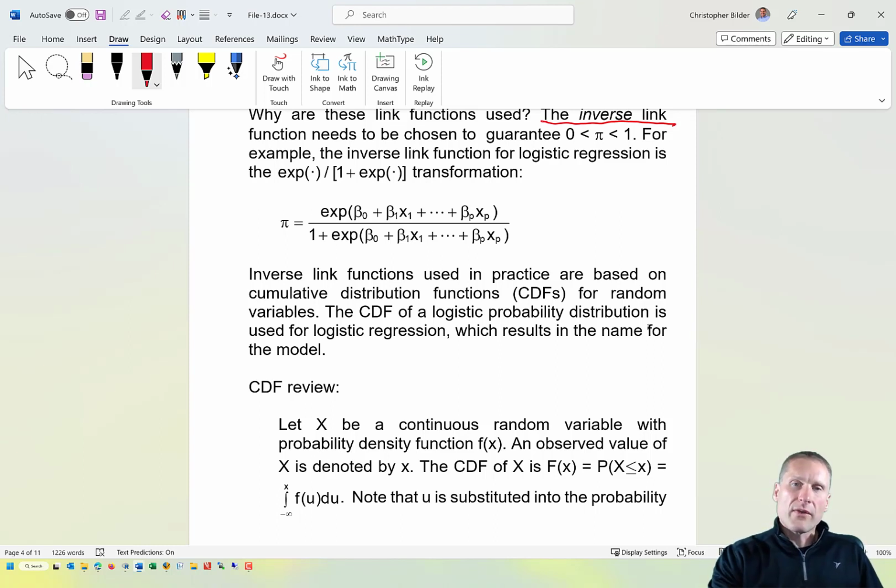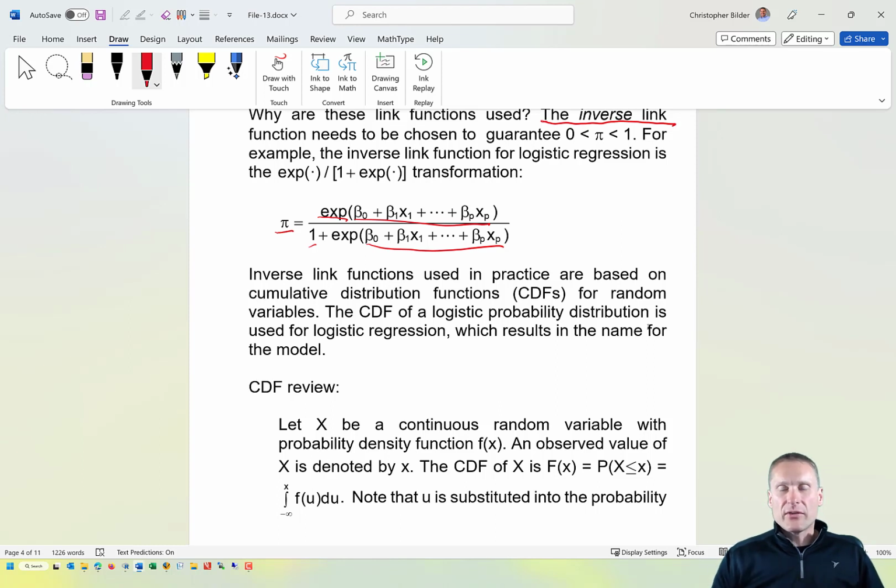And so if I look at it in the opposite way, where I just have pi itself there, you could say the inverse link function is using the exponential function of the linear predictor divided by 1 plus the exponential function of the linear predictor.